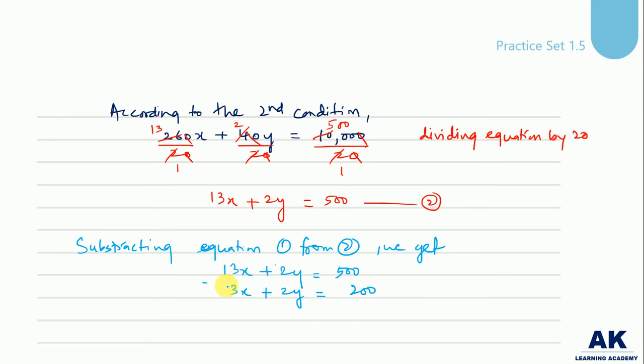When I subtract this equation we get 13 minus 3, it is 10x, right? 2y and minus 2y get cancelled, is equal to 500 minus 200, it is 300, right?